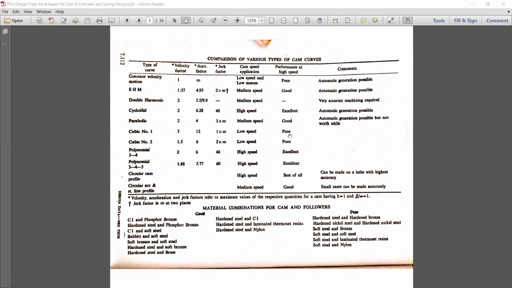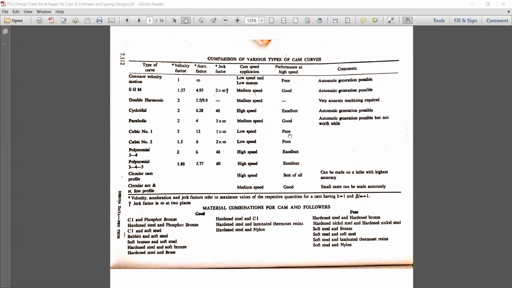Normally the good combinations are CI and phosphor bronze, hardened steel and phosphor bronze, CI and softened steel. Then we have another combination, hardened steel and CI. What about the poor combinations? That is hardened steel and hardened steel.